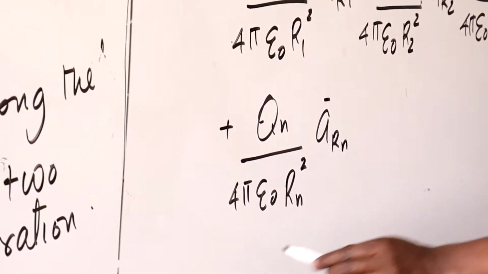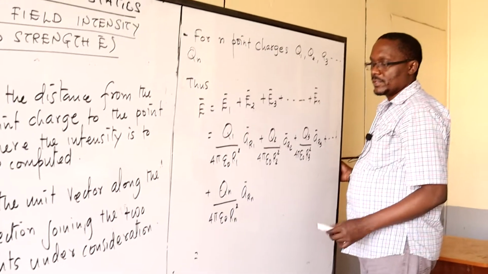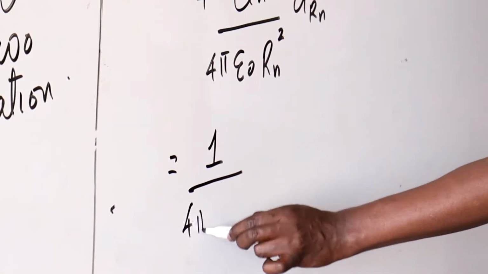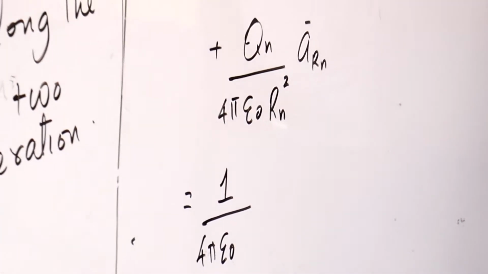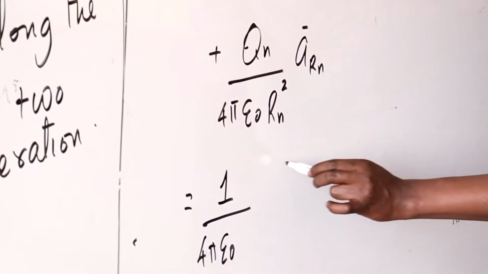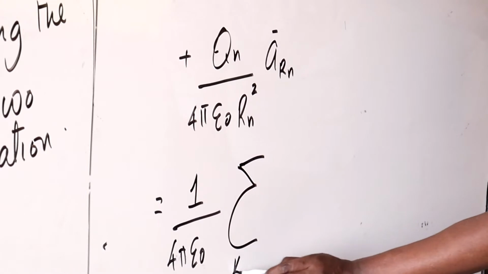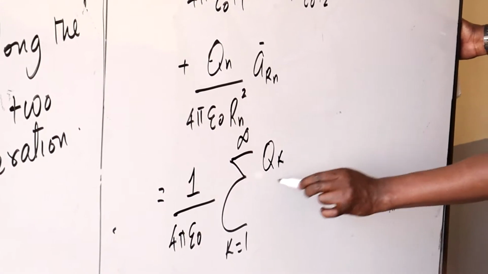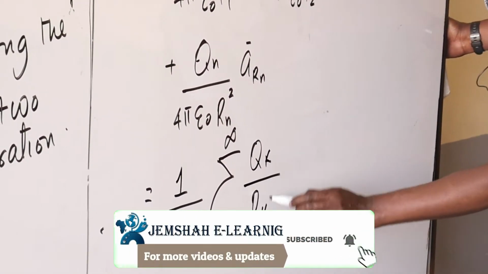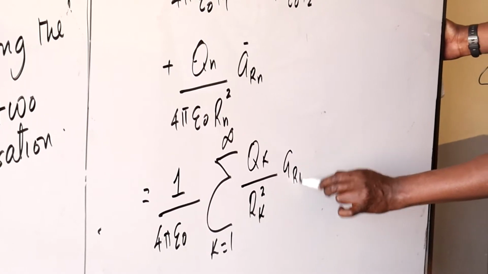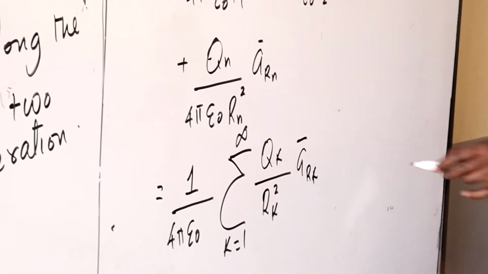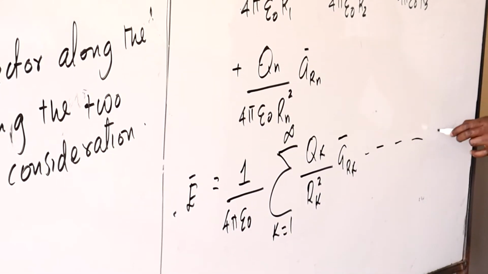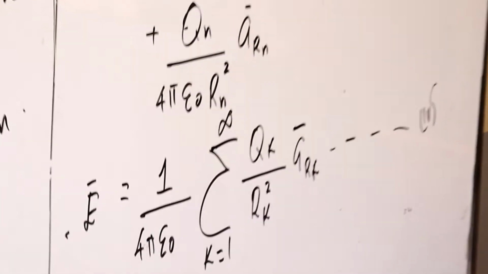If we factor out the common term 1 over 4 pi epsilon naught, then we have the summation from k equals 1 to infinity of Qk over Rk squared aRk bar. This is what gives us our field intensity.